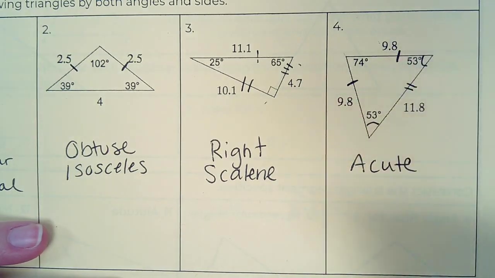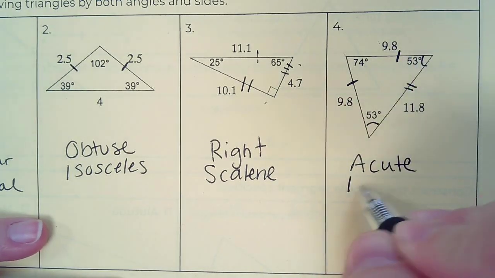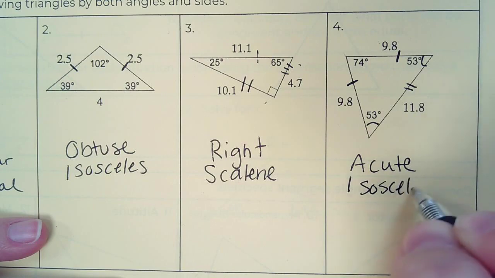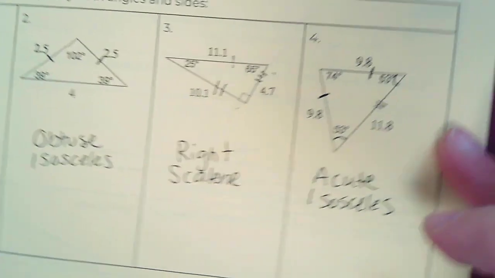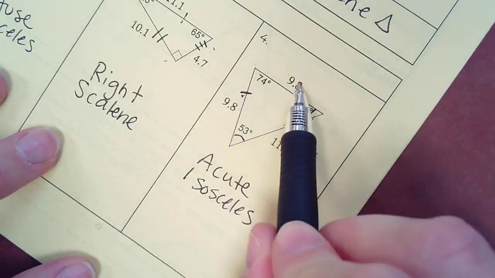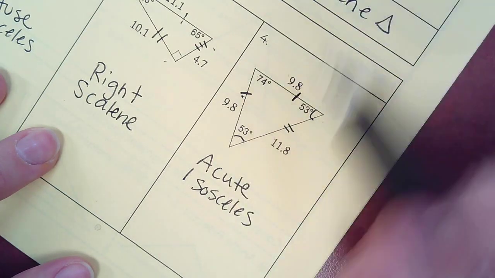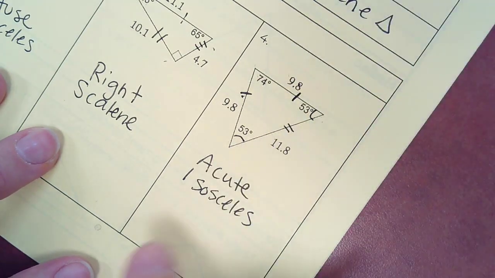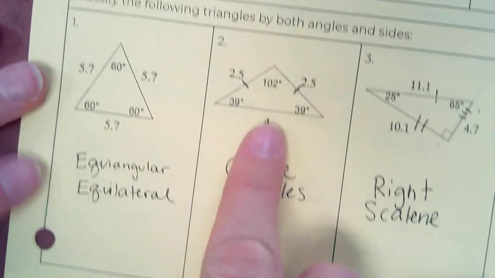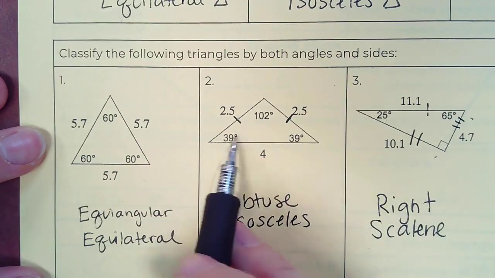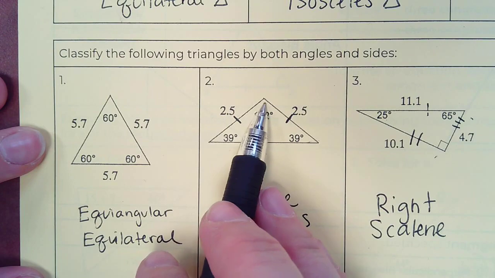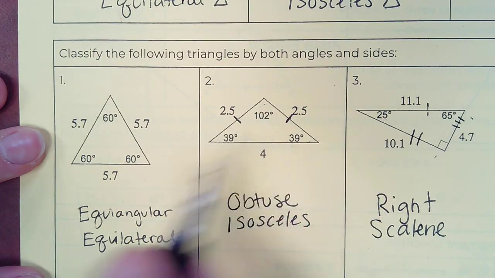If 2 of the sides are the same length, we call that isosceles. Notice in this isosceles triangle, the 2 angles that aren't between the congruent sides are the same measure. Let's see if that's true for this isosceles triangle. So the 2 angles that are not between those sides are the same.